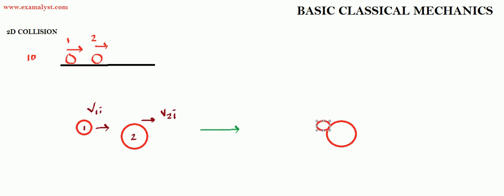So what will happen if the ball number 1 hits the ball number 2 in this manner? Can you tell me in which direction the reaction force will happen? Okay, forget about reaction force. Can you just tell me intuitively what will happen now? You all know that the ball number 2 will move in this direction, and the ball number 1 will start moving in this direction after collision.